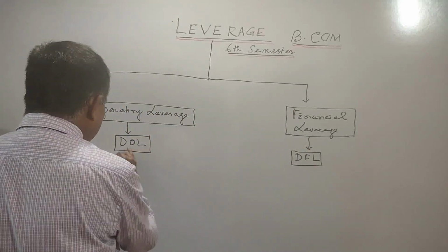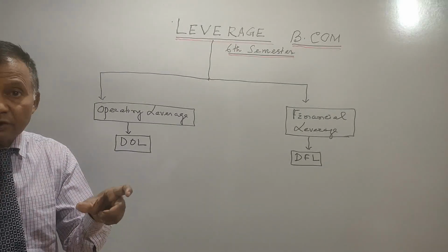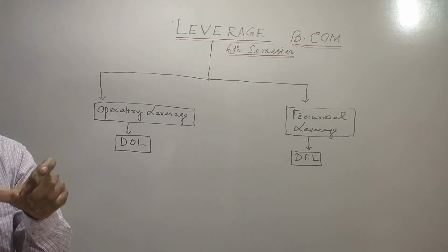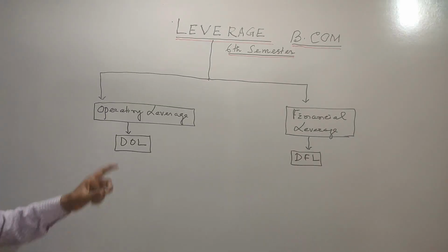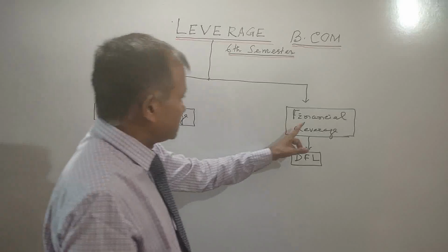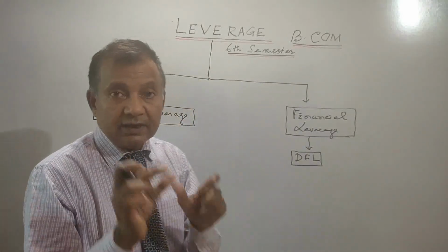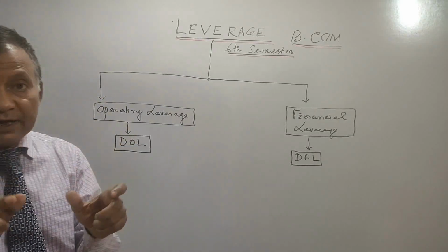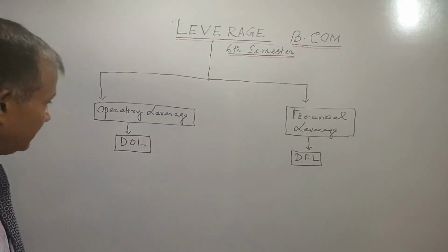This degree of operating leverage actually measures the effectiveness of your fixed operating cost on the earnings. This degree of financial leverage measures the effectiveness of interest on the loan on the earnings of the company.